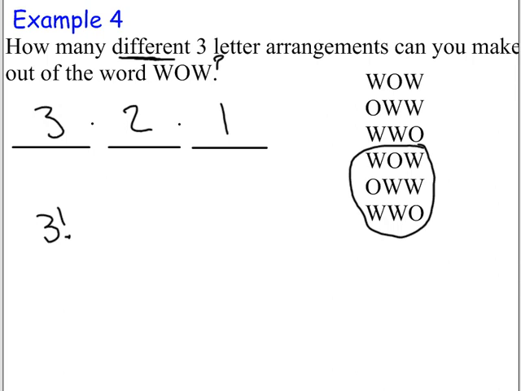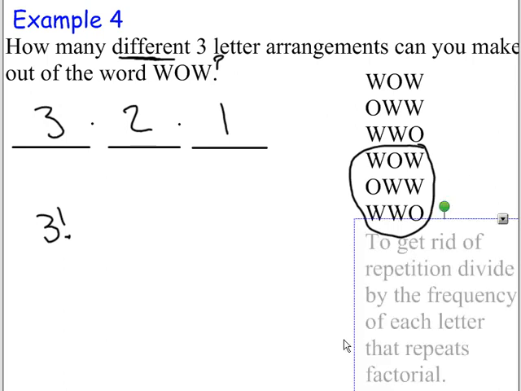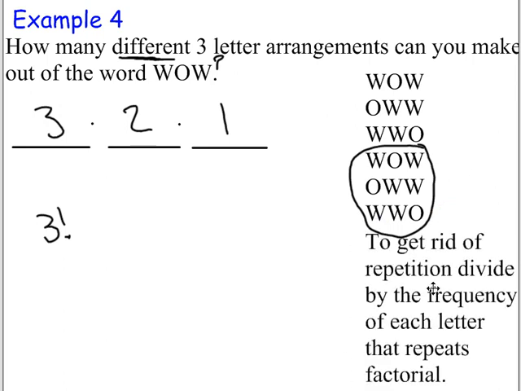So that's where, if you're going to do it the way we've done the other examples, it's going to fail you here. So there's got to be a way around that, and there is. And that's what I had earlier here. To get rid of the repetition, you have to divide by the frequency of each letter that repeats factorial.